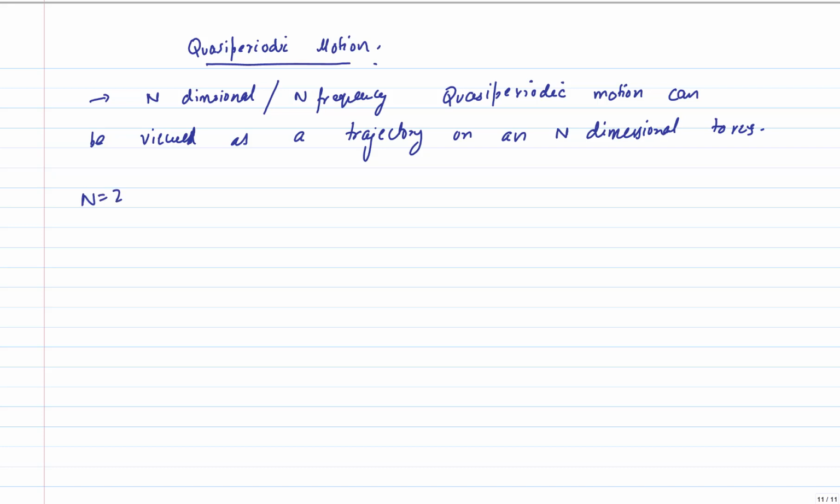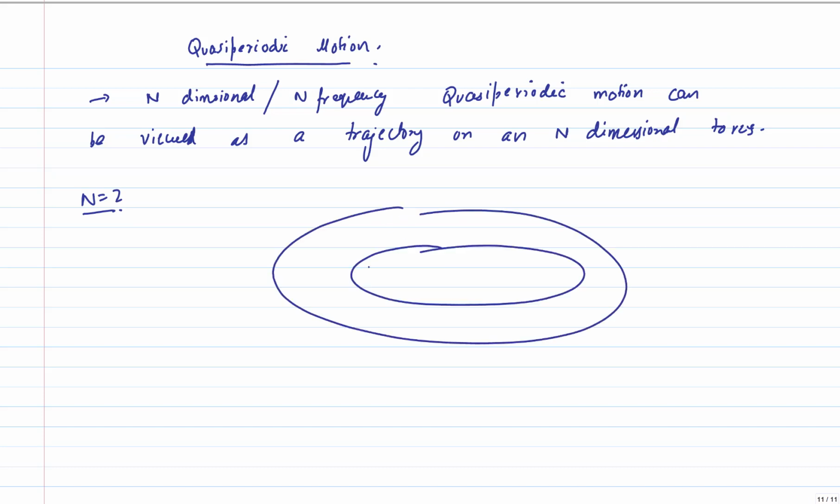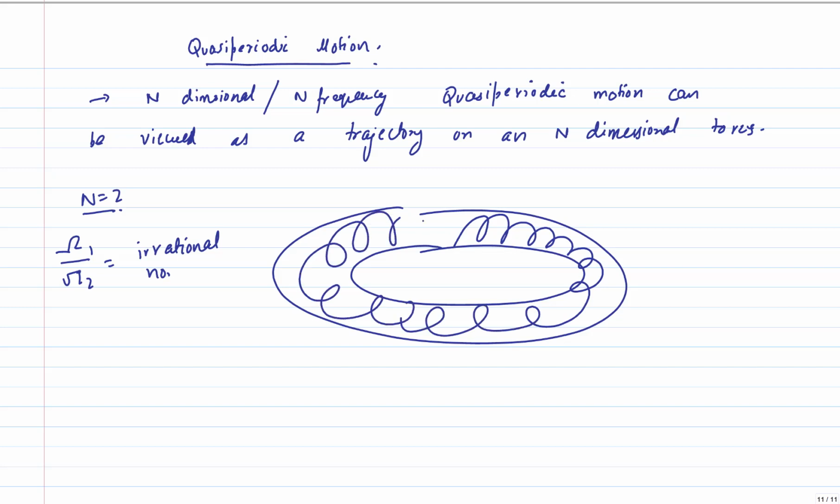So when n was 2, we saw the condition for quasi-periodicity was that the ratio of the frequencies has to be an irrational number, and that's how the trajectory keeps on wrapping around the torus without closing.